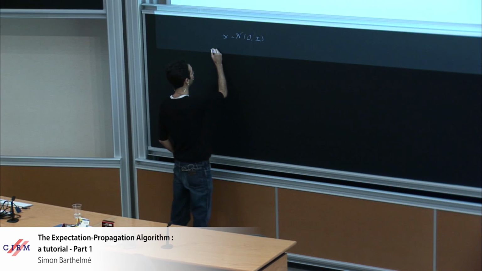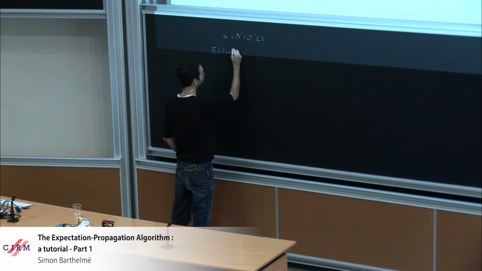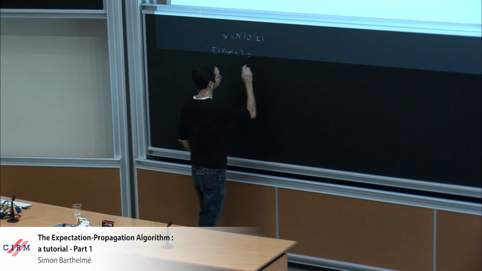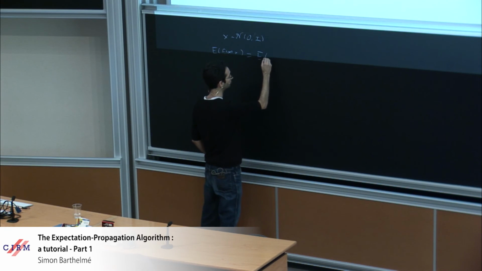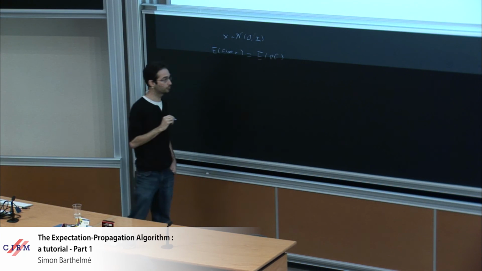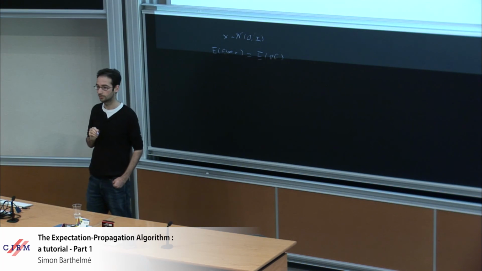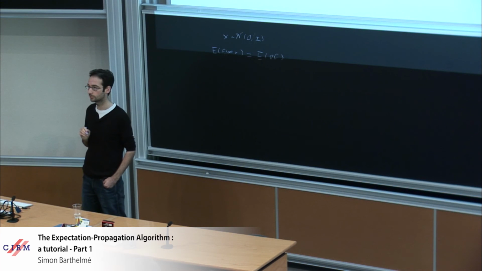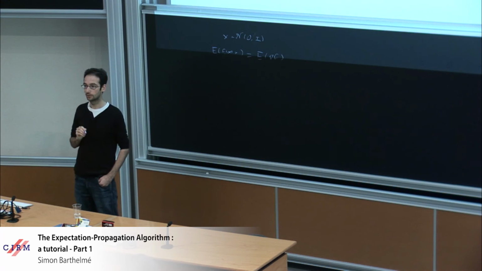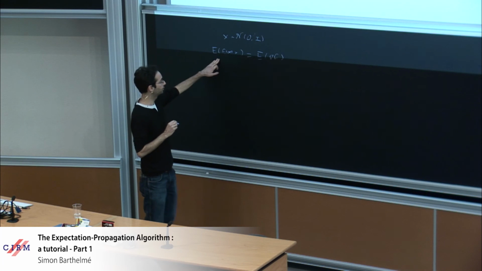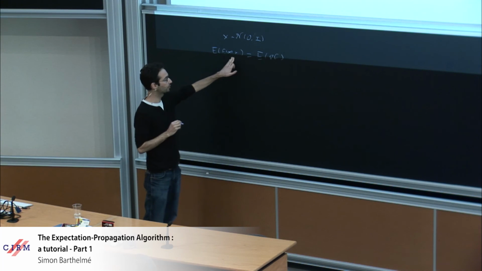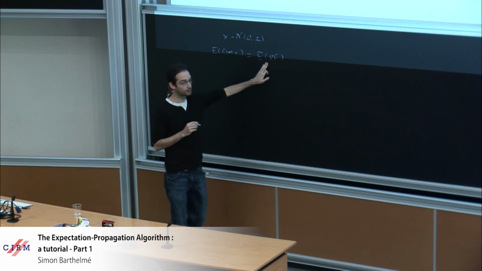If you're trying to compute a moment of this form, you have this nice relationship called Stein's lemma, and it's just integration by parts for Gaussians. What this says is that if you're trying to compute the expectation of f of x times x, all you need is the expectation of the gradient of f.